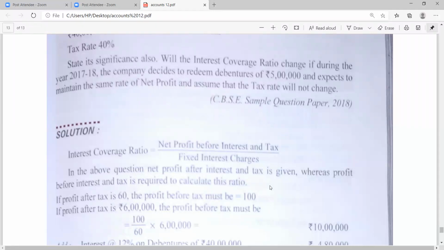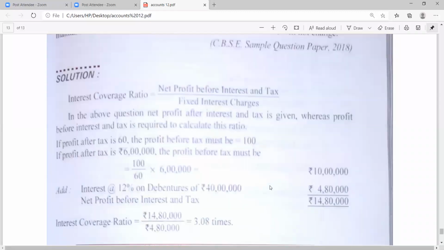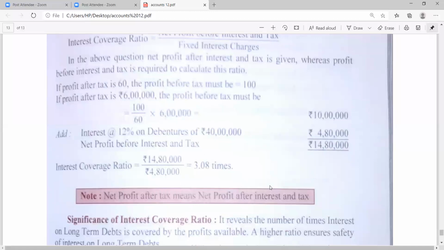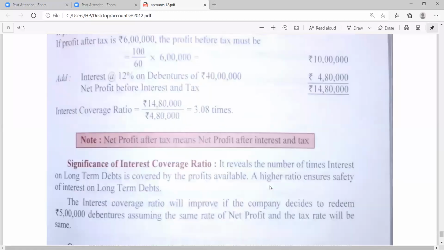After calculating the profit before tax, the interest is to be added to that and we will get the net profit before interest and tax. Then the interest coverage ratio is calculated by putting the profit before interest and tax upon the fixed interest charge, that is 4 lakh 80,000. In this way, we have to calculate the interest coverage ratio.